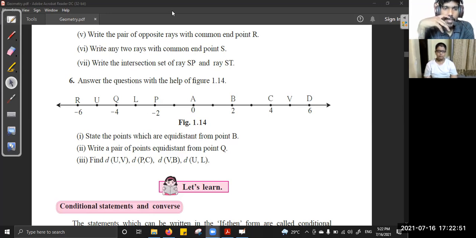How to get UL? L is -3 and U is -5. So ignore the negative signs. So it is 3 and 5. So it should be 2, right? Did you say 2? Yeah, 2. Then it's correct. Okay.